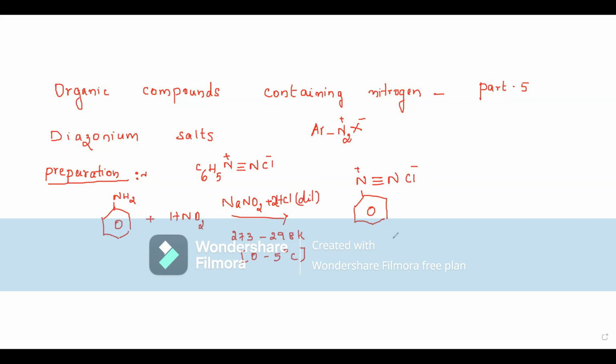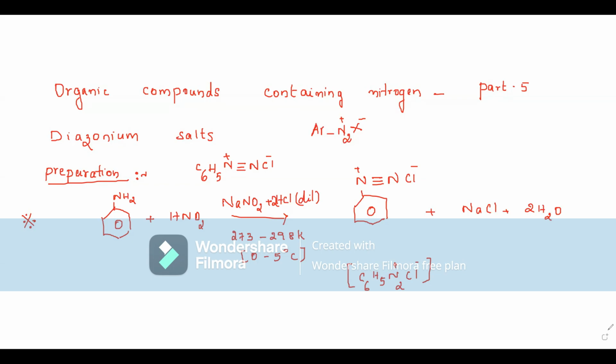This is benzene diazonium chloride along with NaCl and water. All right, so this is the method of preparation of C6H5N2Cl, that is benzene diazonium chloride. This equation is a very important equation.